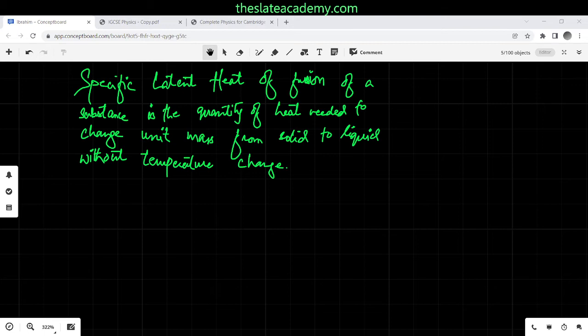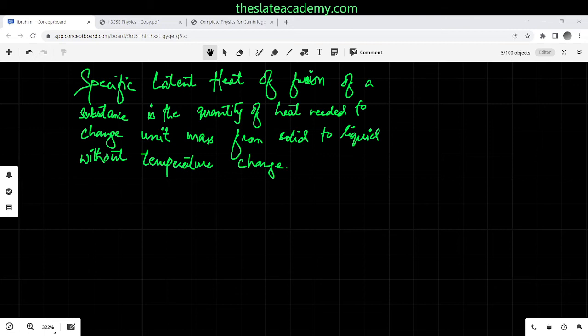Exactly. So I'm just concerned with the amount of heat that only changes the state of matter. If there is some heat which is also raising the temperature of the substance, that's not the heat that I'm talking about. The specific latent heat of fusion is only the heat which is changing the state of matter of the substance. And how do we calculate it?